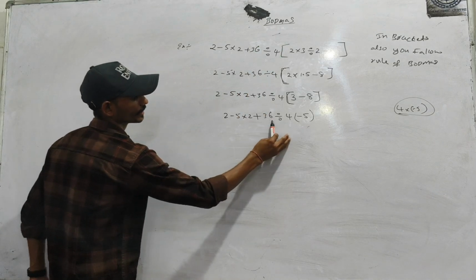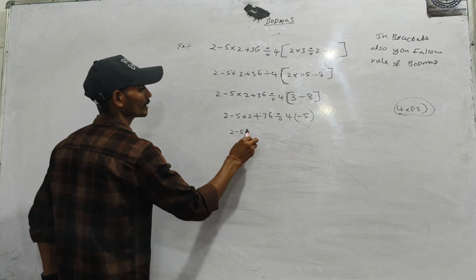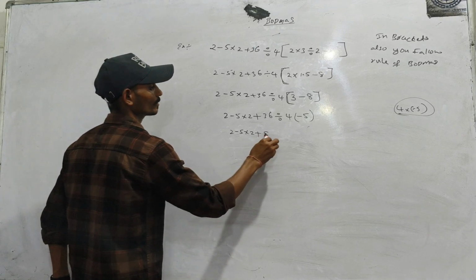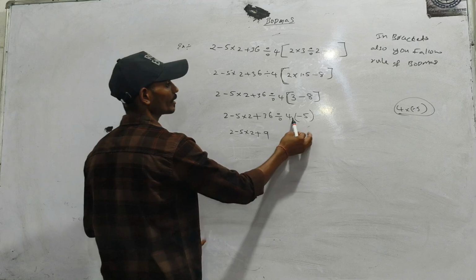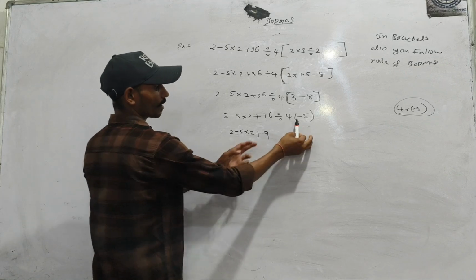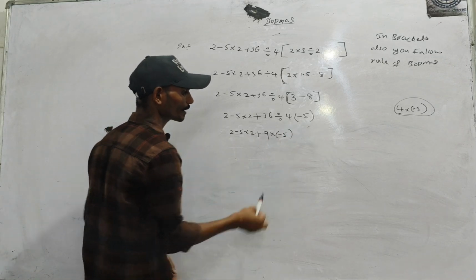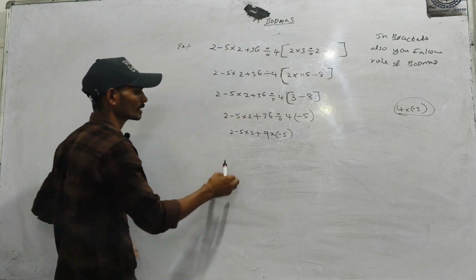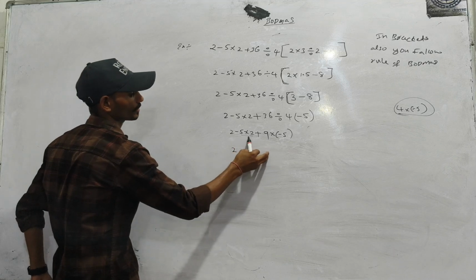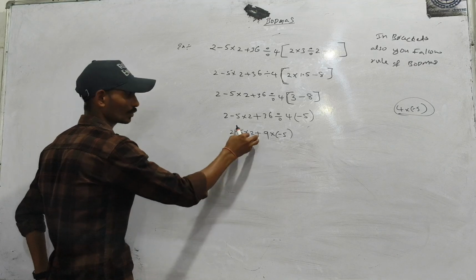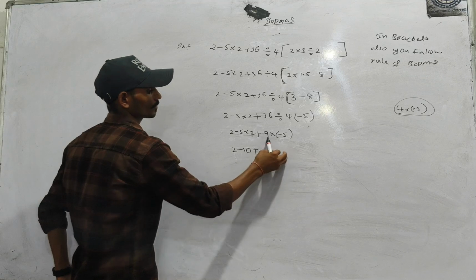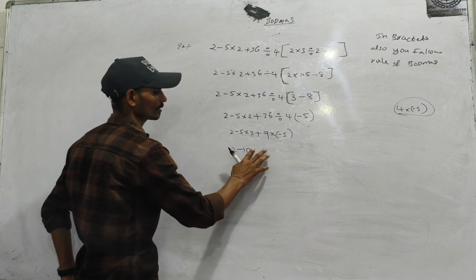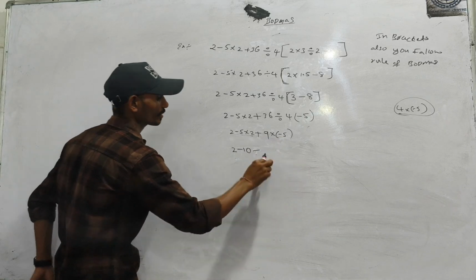Then division: 36 divided by 4 gives 9. Half always means into. Next multiplication: minus 5 into 2 is minus 10, plus, minus into minus... sorry, plus into minus is minus, and 9 into 5 is 45.